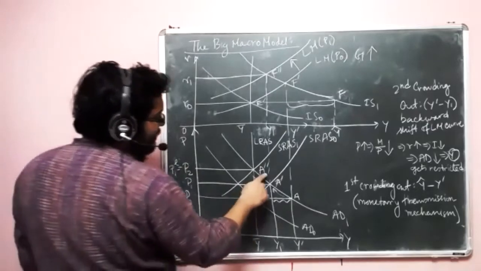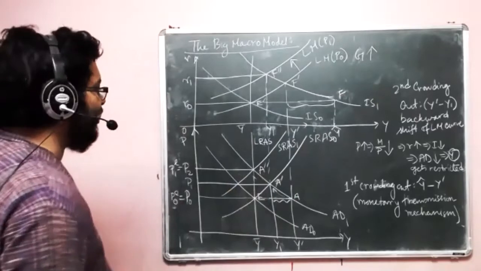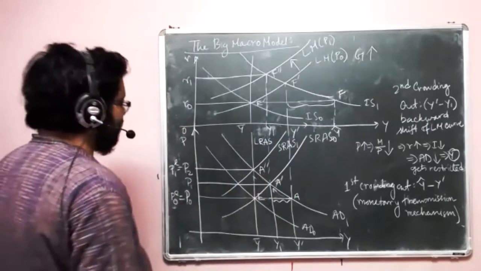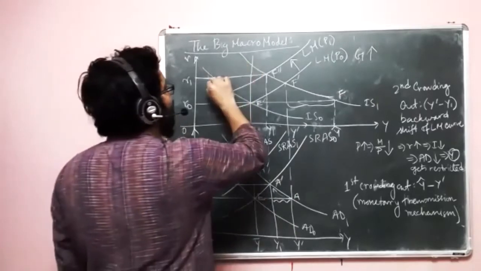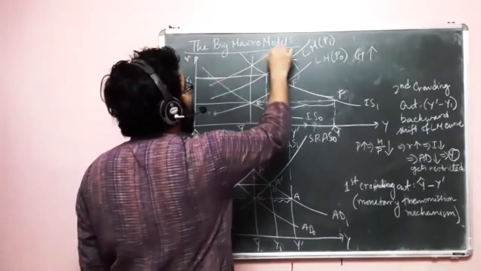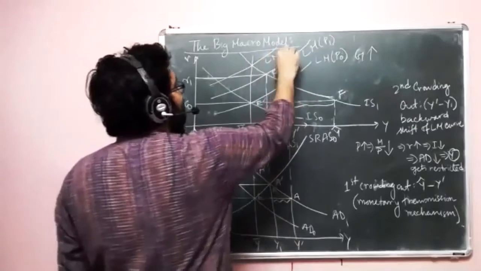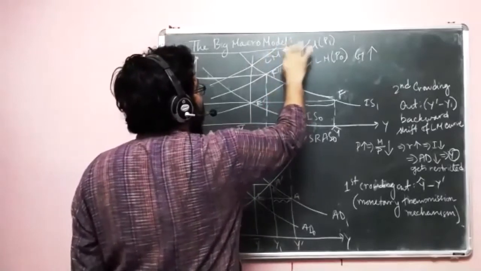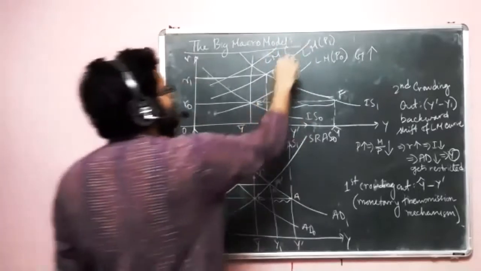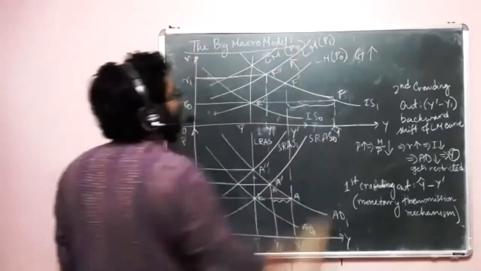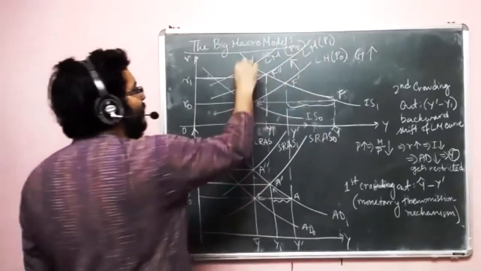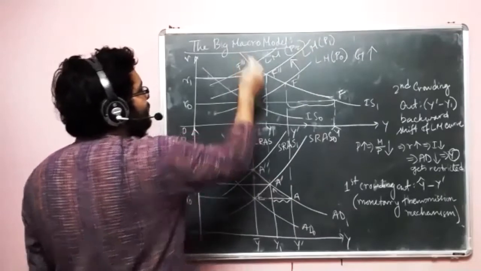At this point, obviously price rose further, so we have the LM going backward further, and this LM essentially will correspond to the new actual price, which is P2, and the equilibrium will occur at F triple dash.